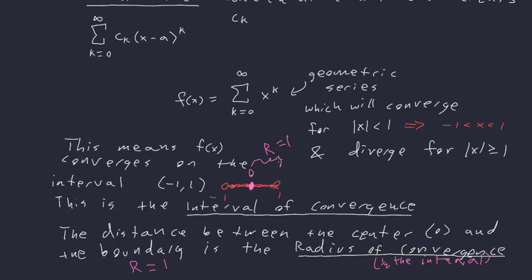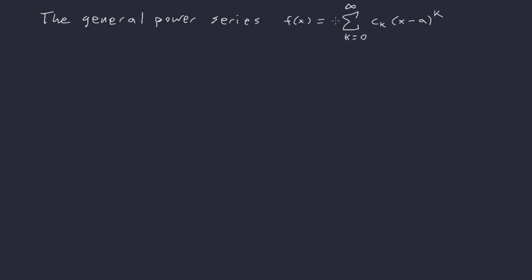Okay, so there are a couple of ways that a general power series can behave. The general power series, f of x equals the series k going from 0 to infinity of c_k times (x minus a) all raised to the k, can converge in a number of ways.